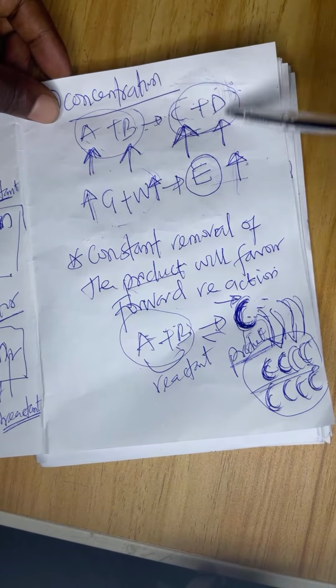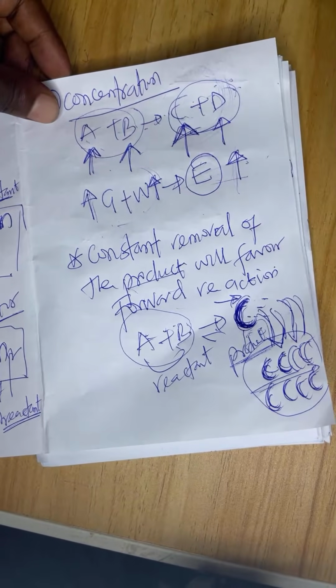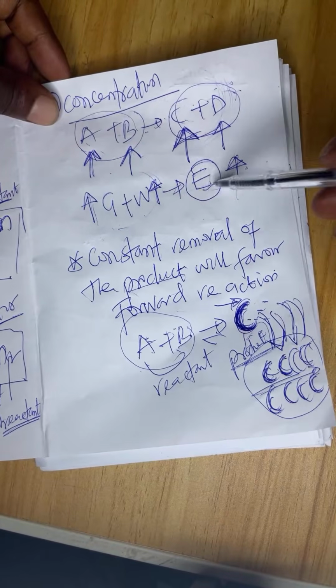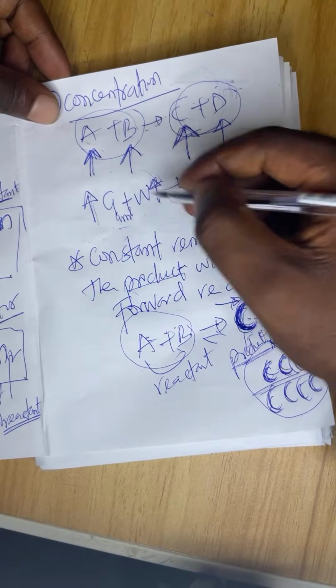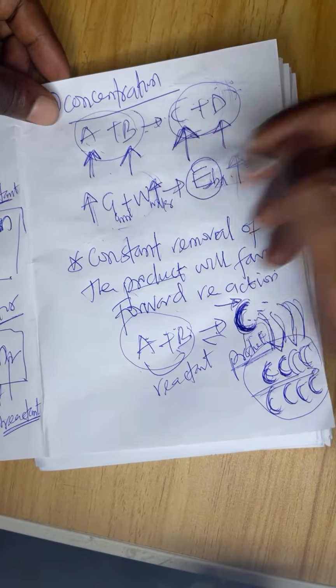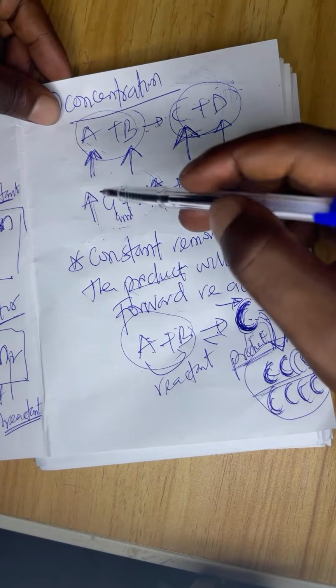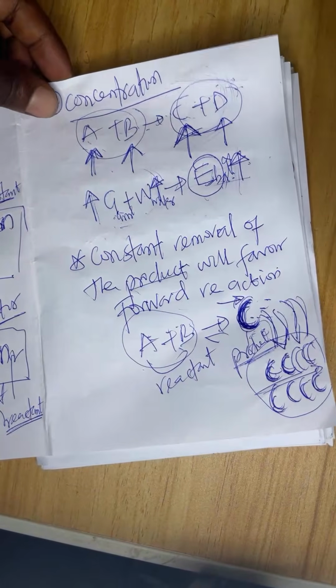If you increase the product, you favor the backward reaction, that is, more of the reactants will be formed. That's just it. I'll use a trivial example: if you want to make more eba, increase the garri and increase the water. Eba is the product. How do you form more eba? Increase garri, increase water. Those are just basic ways to know it.